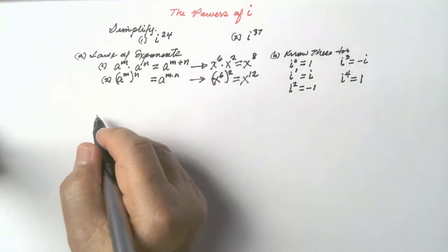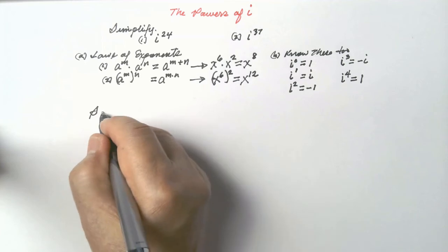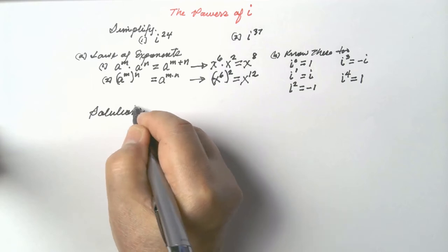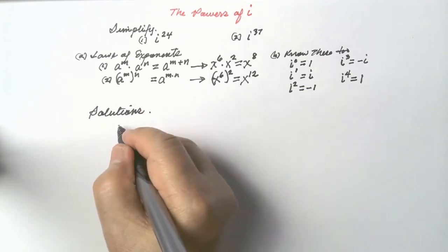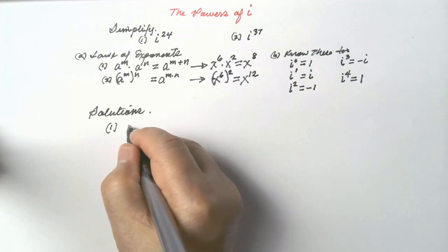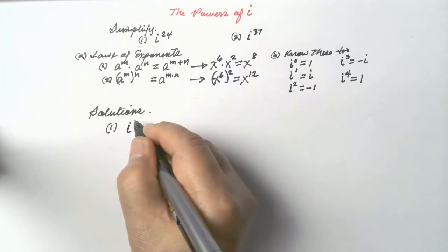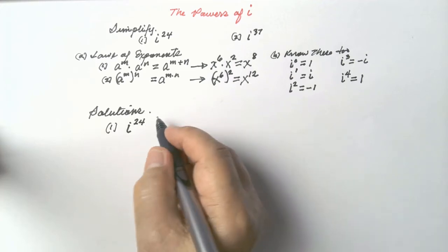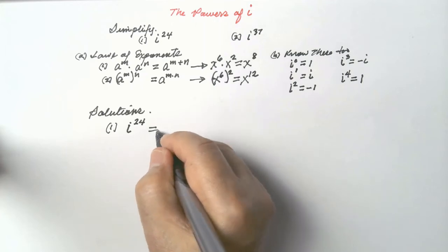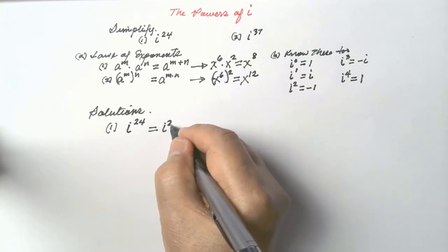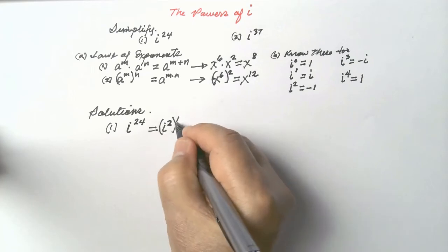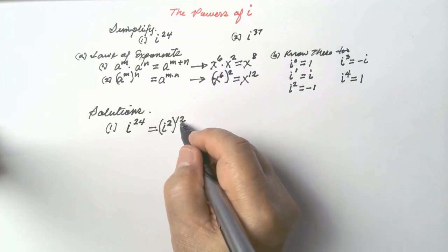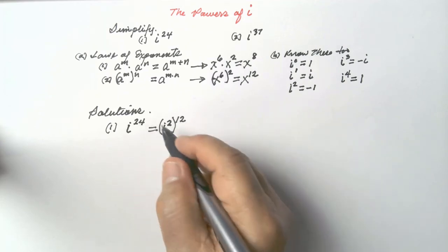Now let us simplify the first one. Solutions. I raised to 24. This can be written as I square and then raised to 12, because 2 times 12 is 24.